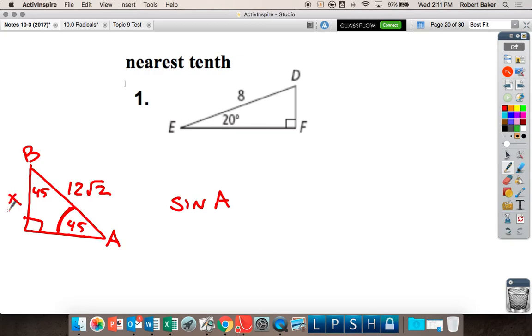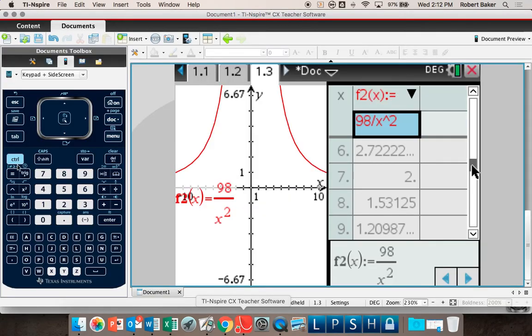X. So the sine of A is equal to X over 12 square roots of 2. But in this instance, how big is angle A? The sine of 45 degrees is equal to X over 12 square roots of 2. Then you'll learn how to put this in your calculator.